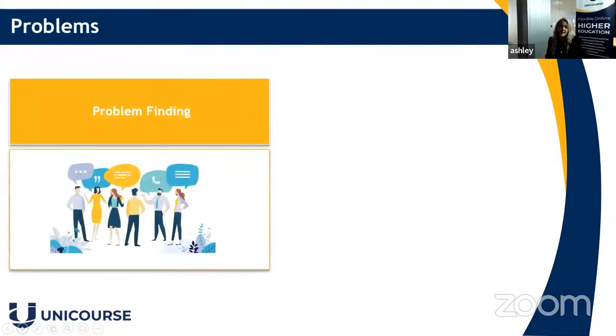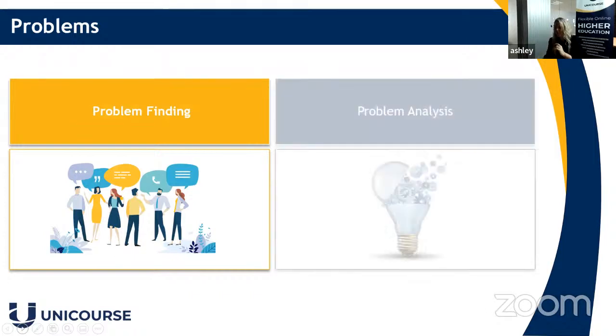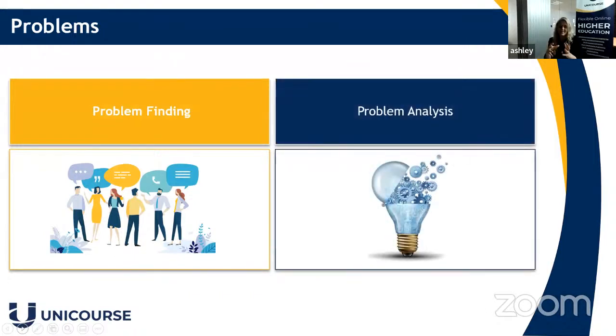So problem finding is a critical thinking process in which the person articulates an idea that should be addressed, a question that needs to be answered, a hypothesis that should be analysed, or an issue that just needs to be solved. So problem analysis is different. Problem finding can be thought of as a creative process.